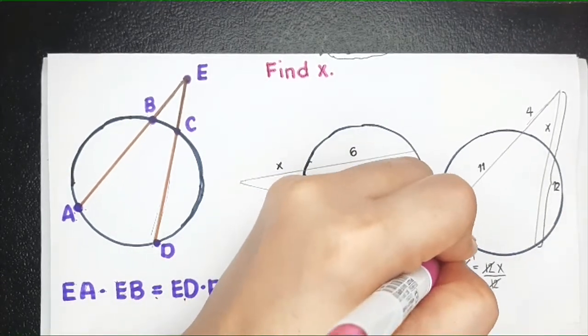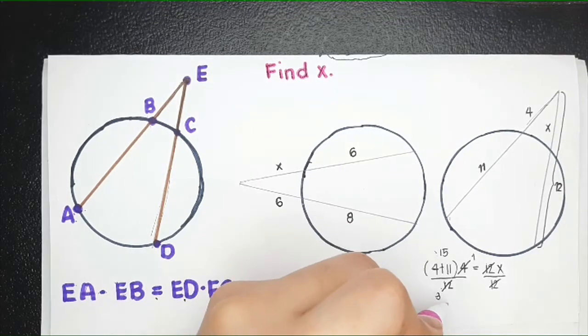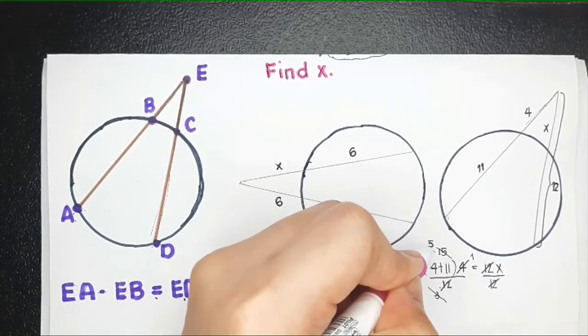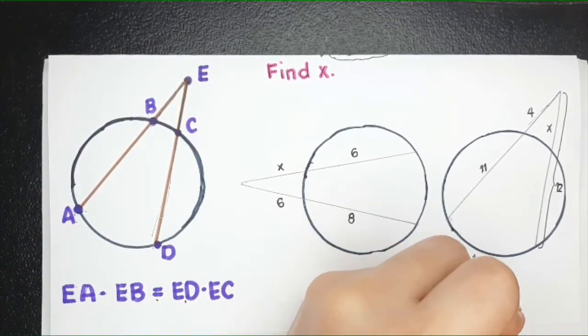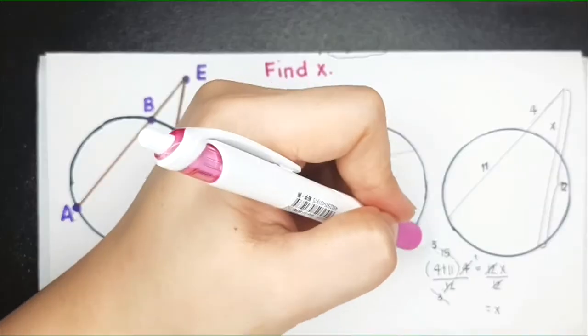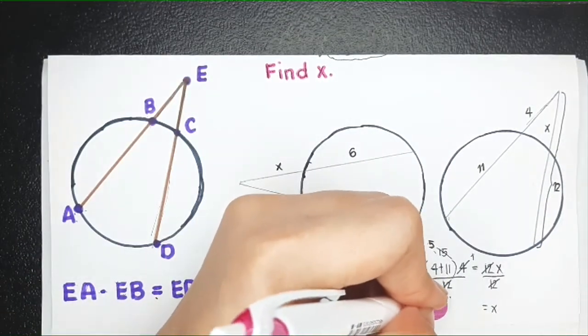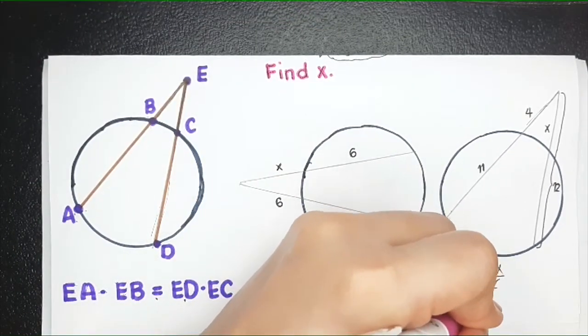So, let me write here 15. Eh, yung 15, nadi-divide ng 3. Ito magiging 5 na lang. So, do you see? Ano ang value ng x natin? So, 5 na lang ang nasa taas. 5 times 1. Sa ilalim, wala na. 1 na lang. So, you have 5 units.